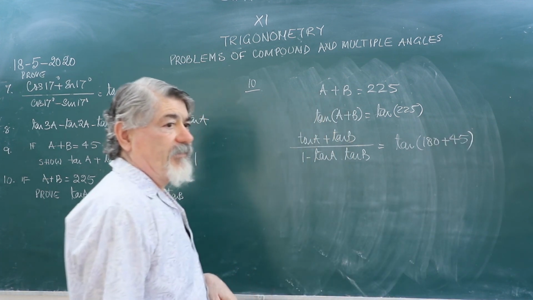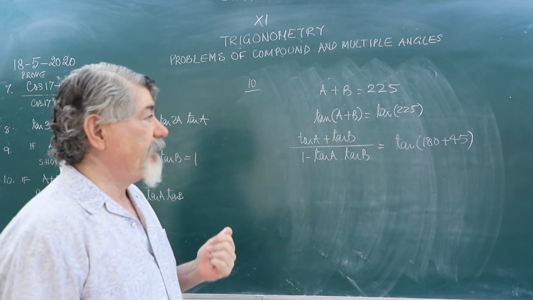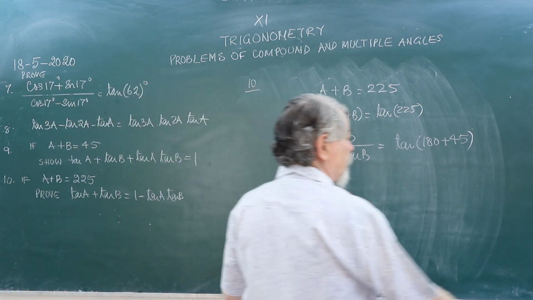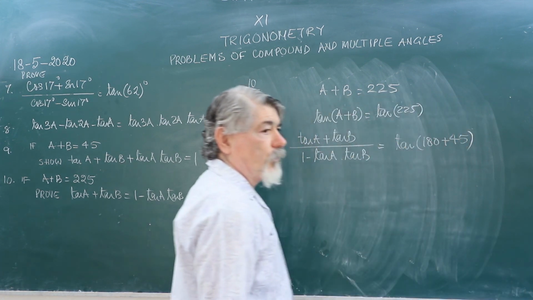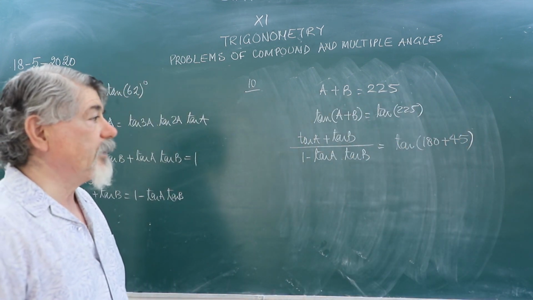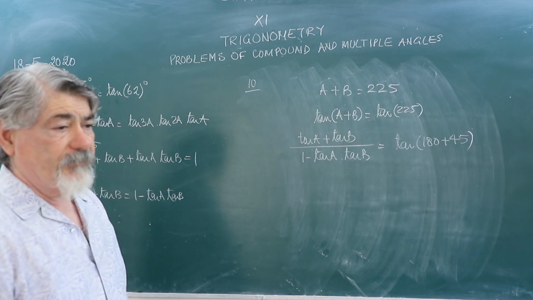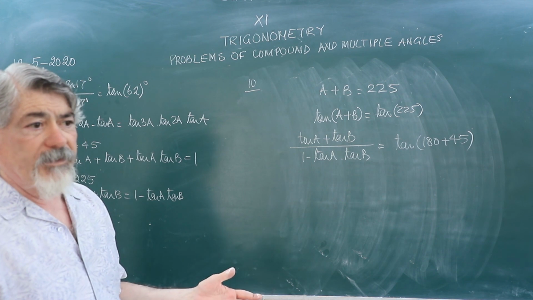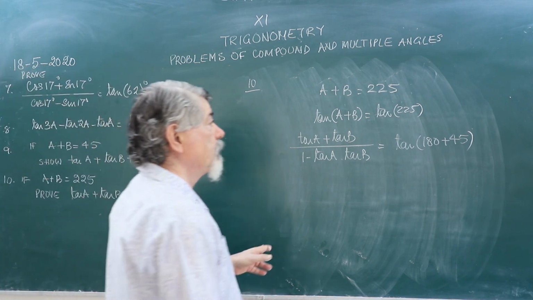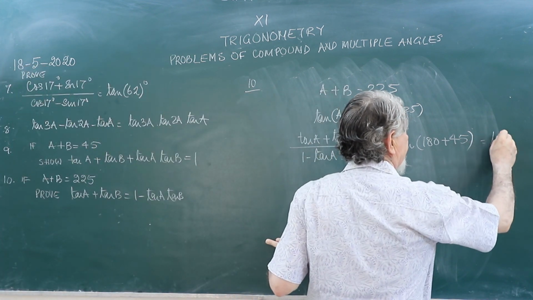180 plus 45 will give you 225. tan(180 + theta) will come in which quadrant? Third quadrant. And in the third quadrant tan is always positive. Add sugar to coffee. So tan is always positive in the third quadrant, so it will become tan 45.